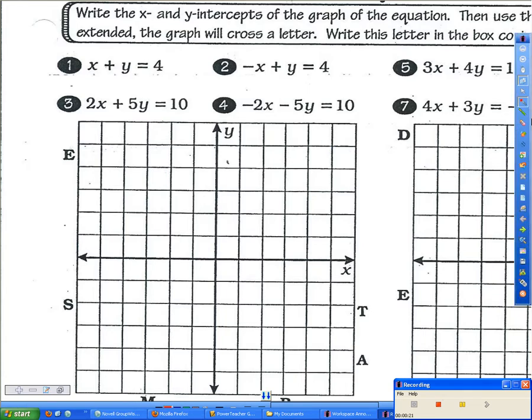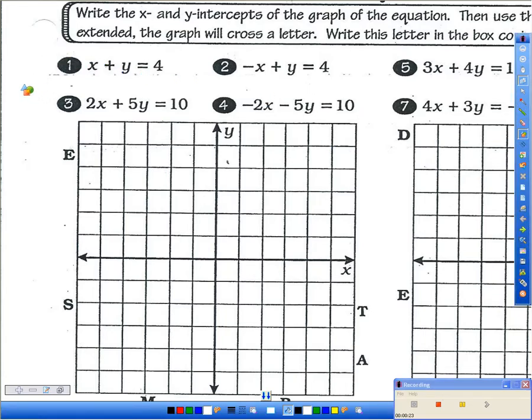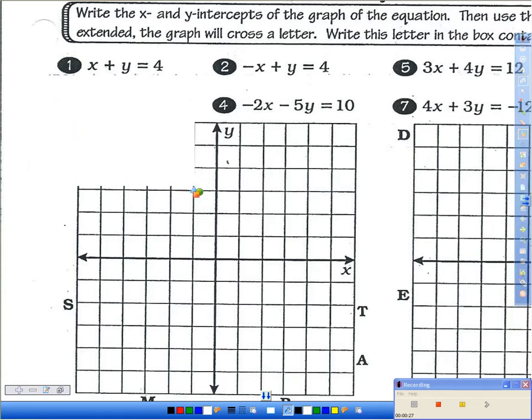So we said today that we can find x and y intercepts by substituting in 0 for the x's and the y's. If we want to find the x-intercept, we said that all x-intercepts have something in common. Every x-intercept has a y value that's 0. So if we take the y out and put in 0, to find the x-intercept we would have x plus 0 equals 4.